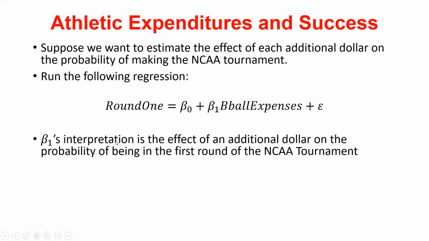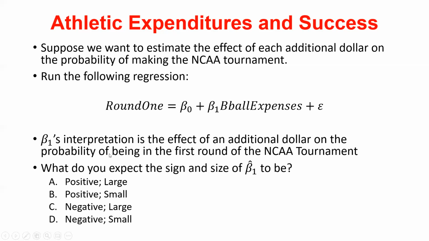So we expect it's probably a positive relationship, right? But what would we expect the sign and the size of that estimate to be? The intuition is probably that it's positive, but if we think about the magnitude, remember it's a 1 unit increase, so it's $1 more. What's likely the effect of $1 more on increased success in the program?